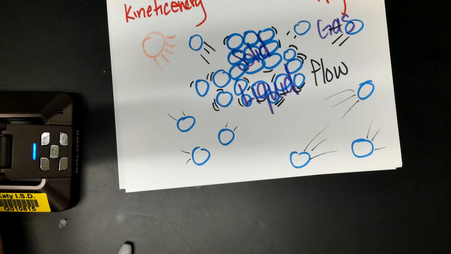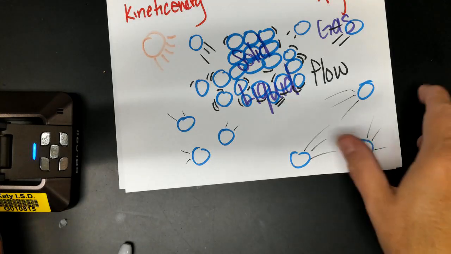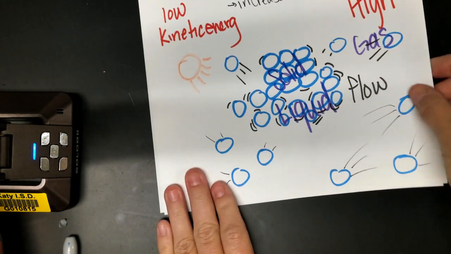Now, let's talk about some of the language we use with solid, liquid, and gas. Matter has volume, takes up space, and it has mass. We are going to focus on volume, and we're going to focus on shape.